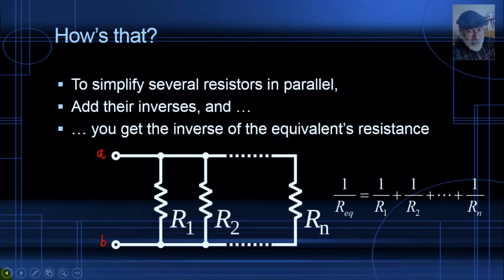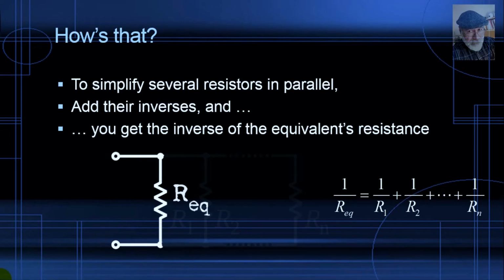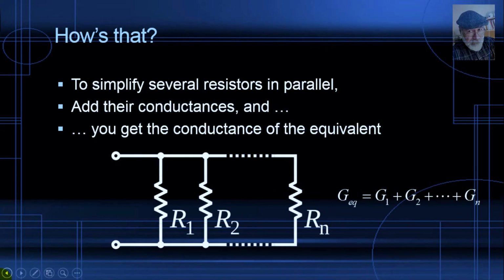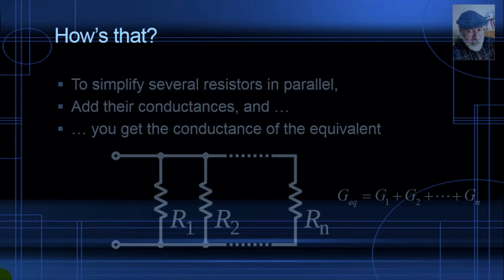To compute the equivalent one, you add together the inverses and you get the inverse of the equivalent resistance, right? Like that. As simple as that. Or we could think of conductances. You add up the conductances G1, G2, G3, G4, GN, and you get the conductance of the equivalent resistor.